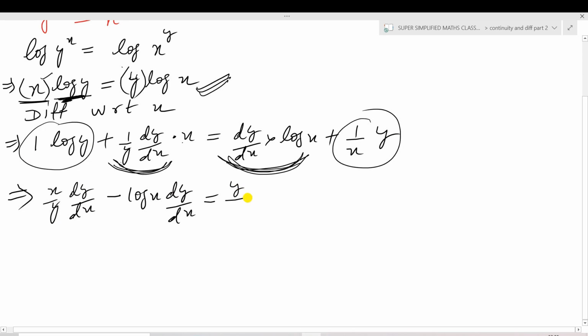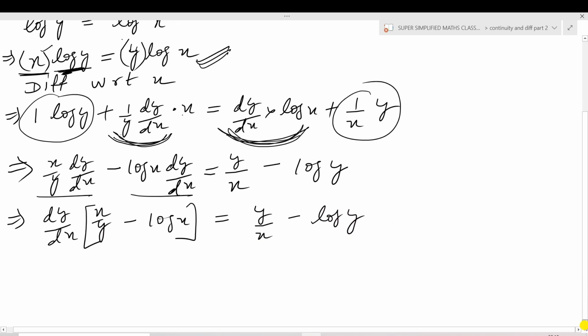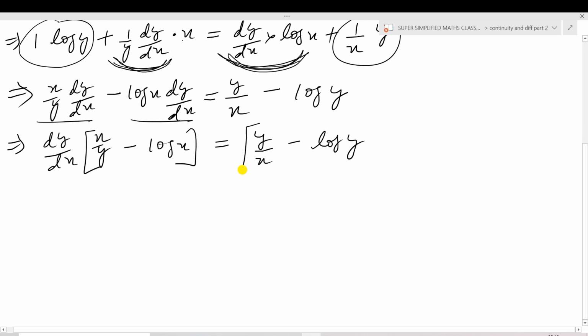So I will have y/x minus log y, and I take dy/dx common from this one and this one. So I get x/y minus log x is equal to y/x minus log y. So now I can take the LCM of both the brackets.